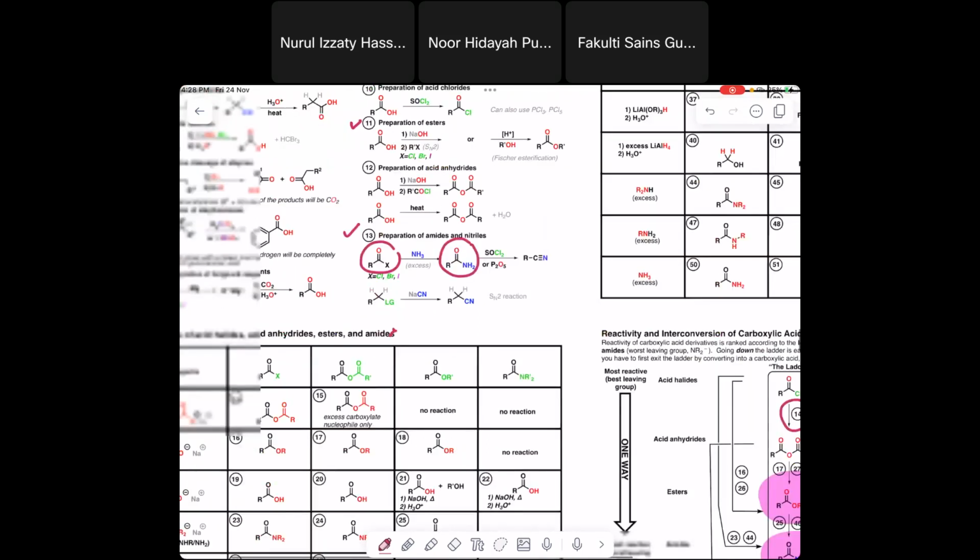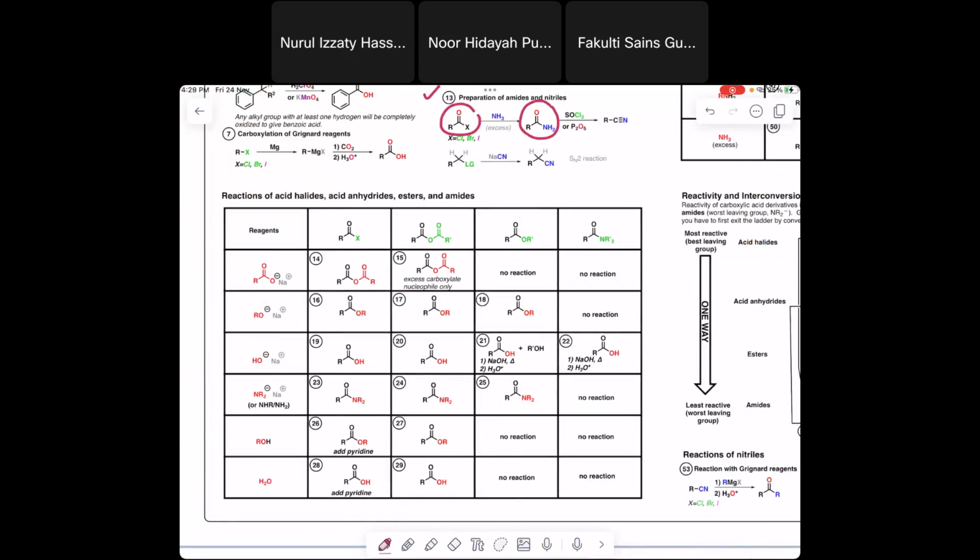So this amide, okay, banyak reaction yang dia boleh undergo, the ester itself. So this is the ester, this is the amide. Okay, dia tak boleh react dengan this carboxylic lah. There's no reaction sebab dia keluarkan lebih stronger base.